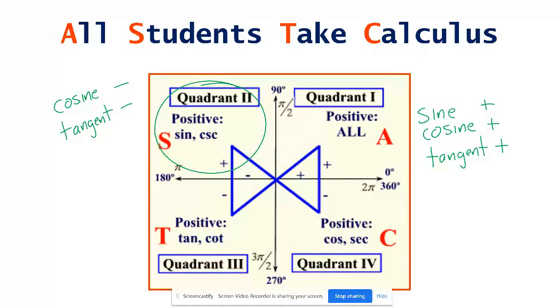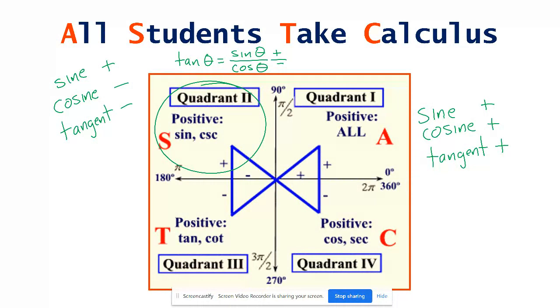The reason the tangent is negative is because tangent is sine over cosine. And so if you have a positive sine and a negative cosine, positive divided by negative is going to give you a negative. So cosine and tangent are both negative. Sine is positive. So S stands for sine because that's the only of the three that is positive.